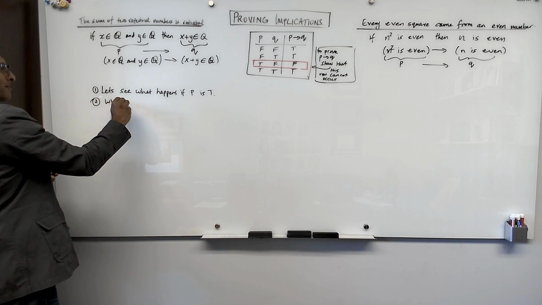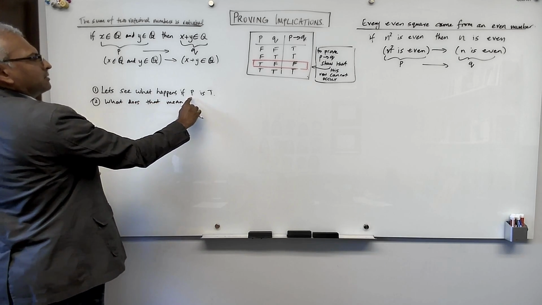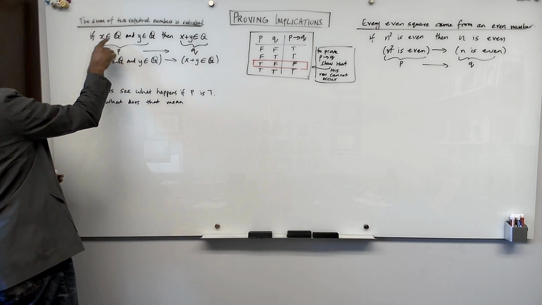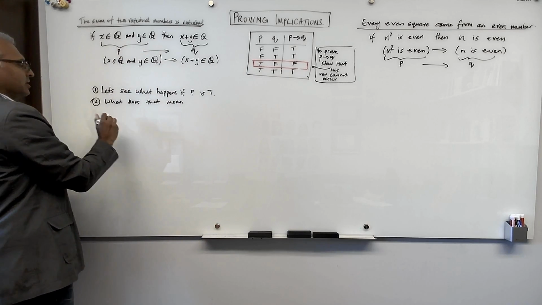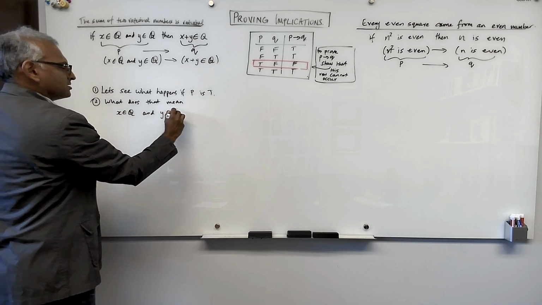Well, if P is true, in this case, P is the claim that x and y are both rational. It means that x is rational and y is rational.